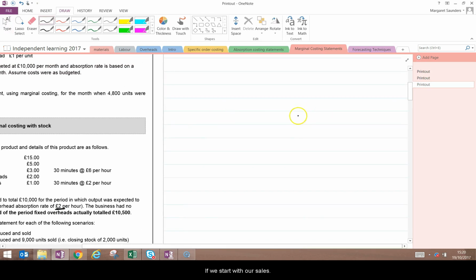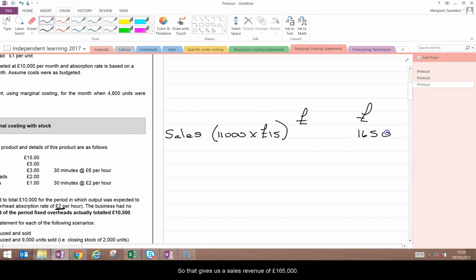So if we start with our sales, we know that 11,000 units were produced and sold, and they were sold at £15. So that gives us a sales revenue of £165,000. We then need to work out our cost of sales.